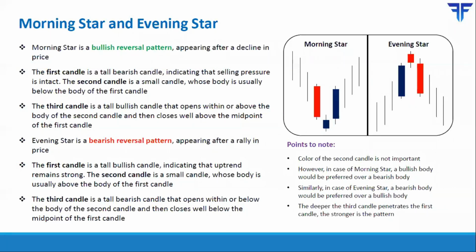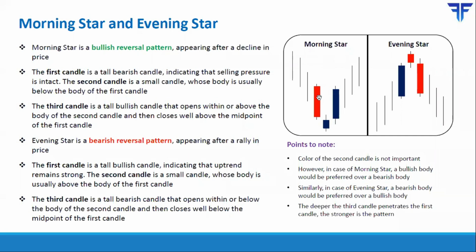So let us start with morning star first. As you can see on the image on the left, morning star is a bullish reversal pattern that appears near the end of a downtrend. It comprises three candlesticks, as you can see in the image.